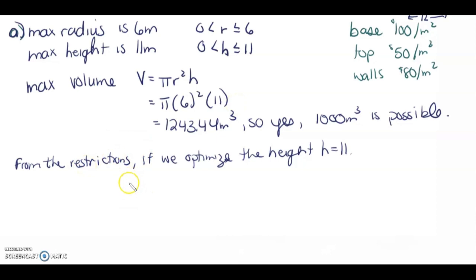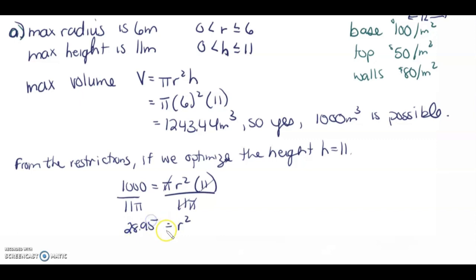The volume we know can be 1,000, equal to pi r squared h, but h is going to be 11. So let's divide both sides by 11 pi. We get r squared equals, because the pi and 11 cancel, approximately 28.95. When we root both sides, we get 5.38.